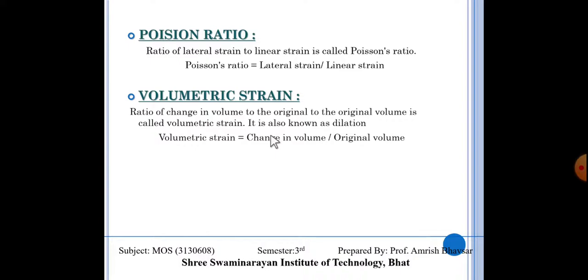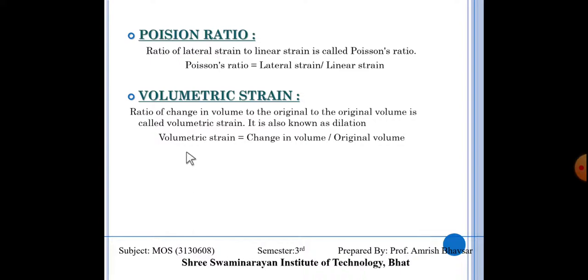Now we know that whenever we apply force on the body, the length is increased, but the cross-sectional dimensions are decreased. So, the volume of the whole element must change.